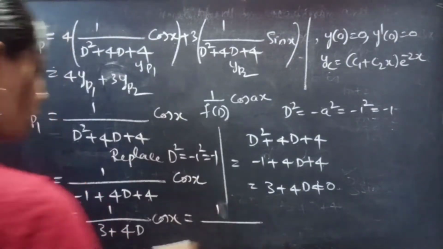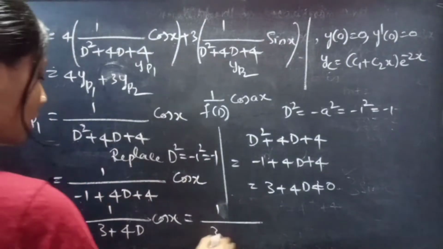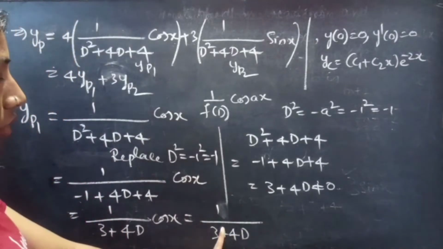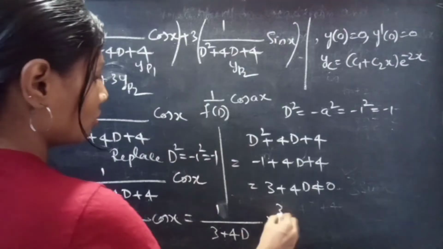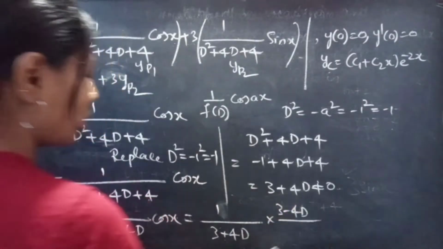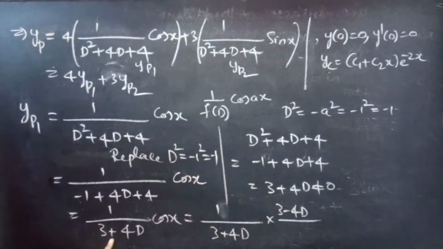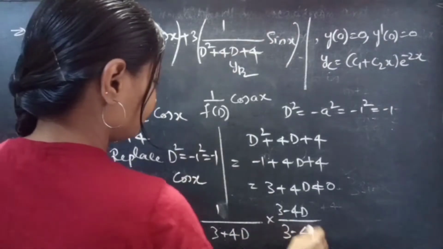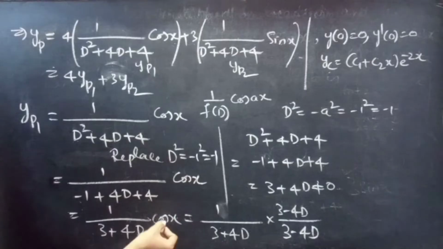Now just write this fraction as it is. Here in the denominator you have a plus, right? Just change it to minus, then you'll get 3 minus 4D. Now multiply and divide this fraction by 3 minus 4D, into cos x.